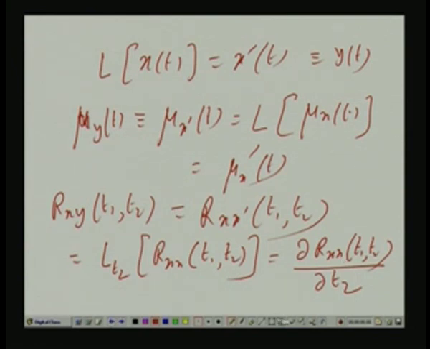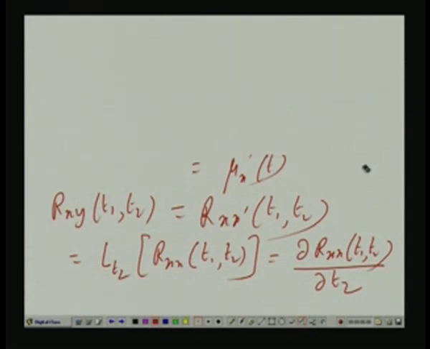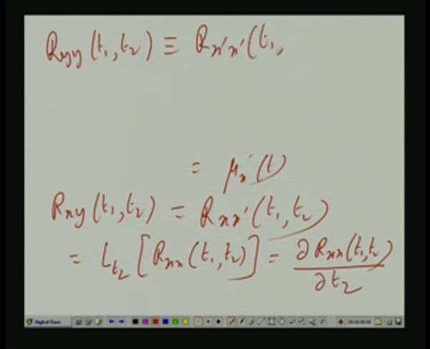And just a couple of minutes, then I will be winding up. And the output autocorrelation, R y y, which you can also denote as R x prime x prime, what will that be? Obviously, you have to apply R x x of t1, t2 first with respect to, say, t1.